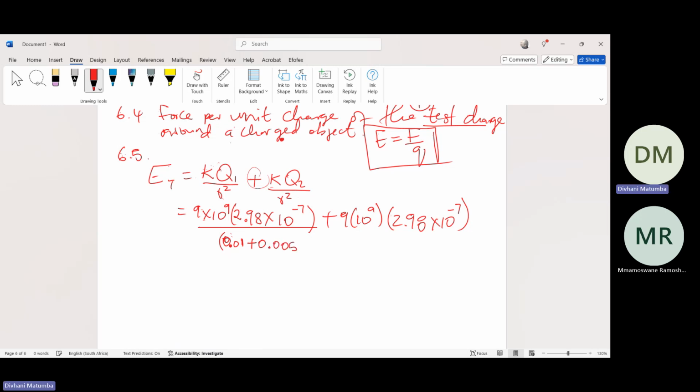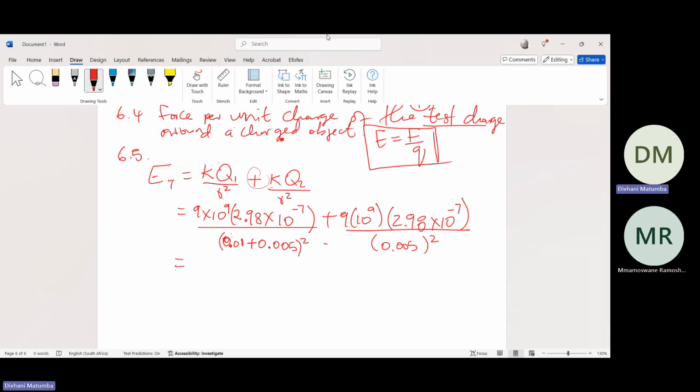Squared. Then this other one will be the value of R, 0.005 squared. That's it.